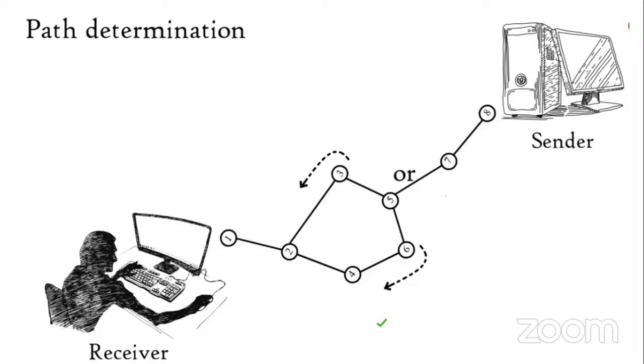You can see from sender to receiver, 8, 7, 5, there is no option. Till 5 it has to reach. From 5, there are 2 paths, 3 and 6. So in which way does it have to travel?